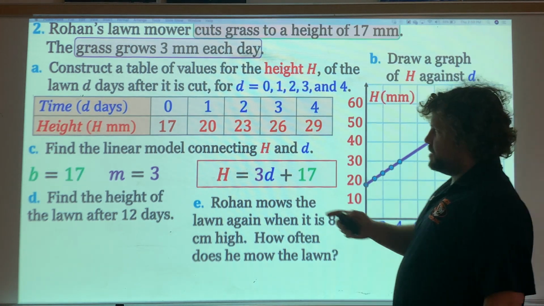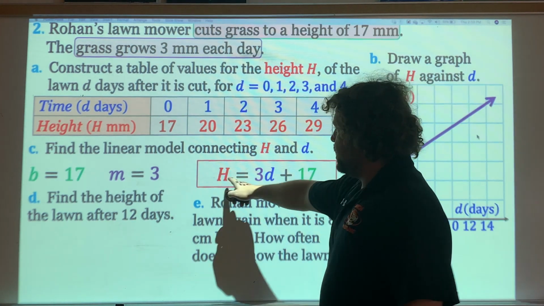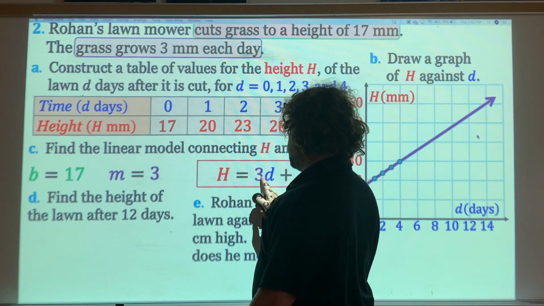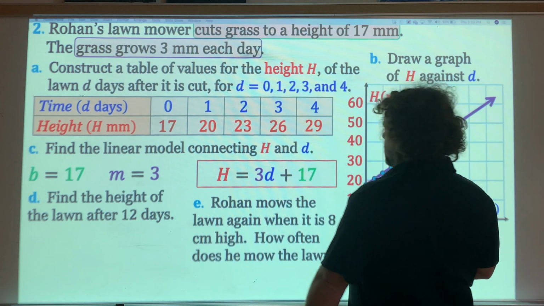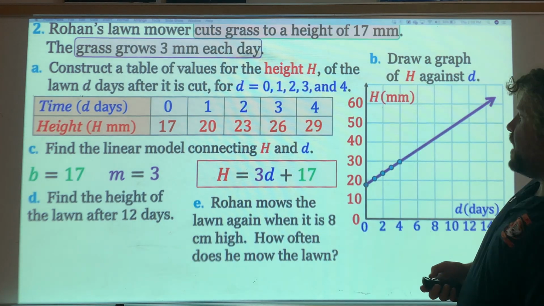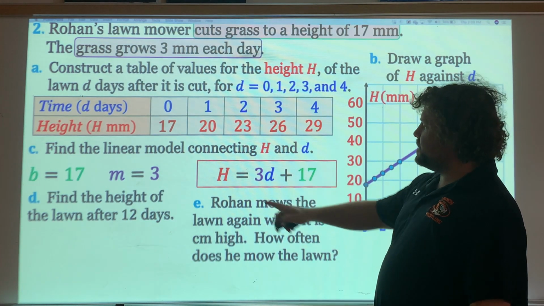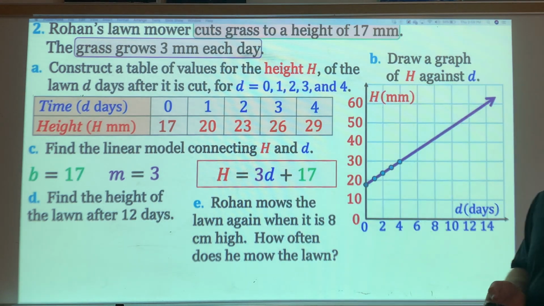All right, so that's your equation. y equals mx plus b. Your y is your h, so h equals 3, which is your gradient, d plus your intercept, which is 17. All right, find the height of the lawn after 12 days. Now we can use this and plug 12 in for our d. When we plug 12 in for our d, what do we get?